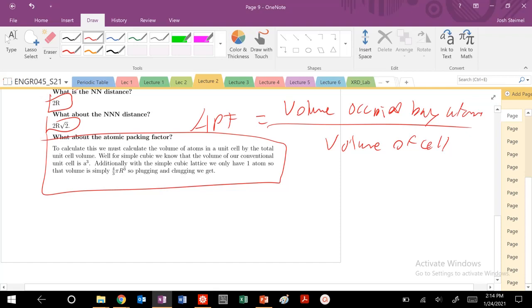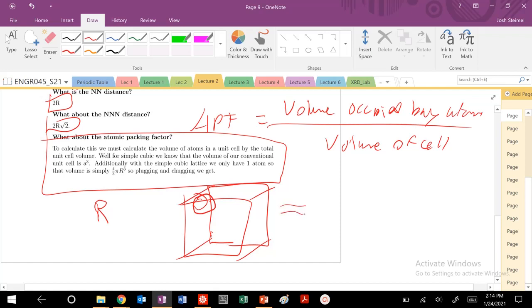So what is the maximum volume that can be occupied by spheres of the same size with radius r in a cube? Hopefully if you remember back to some geometry, the magic number there is 0.74. That's the maximum packing factor that I can get.